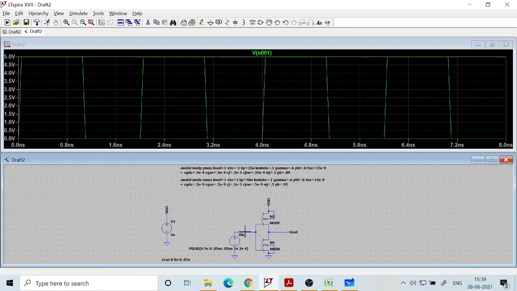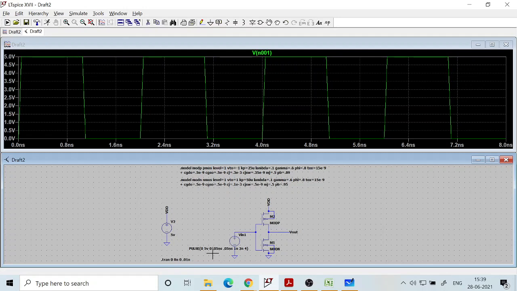Okay, so now the rise time and fall time of the input are much less. So you can see when it is falling the number of points which it is taking. I have given 0.01 step, so you can see dashes there. So if you want it to be smoother, then you can still reduce the step size.